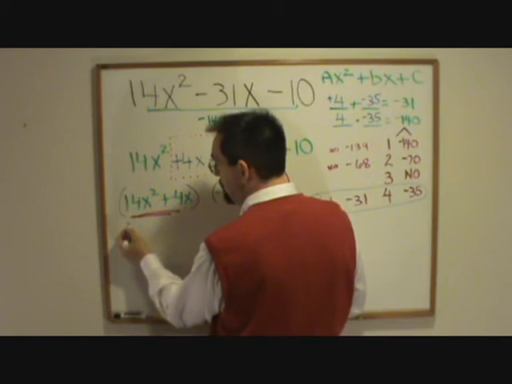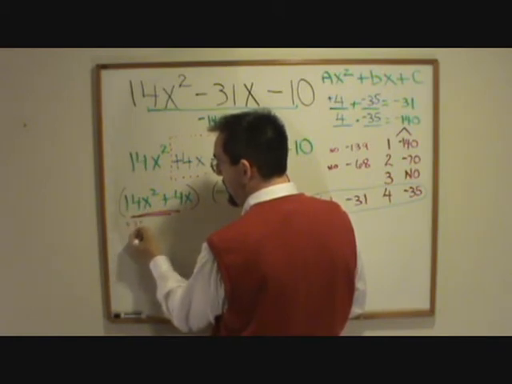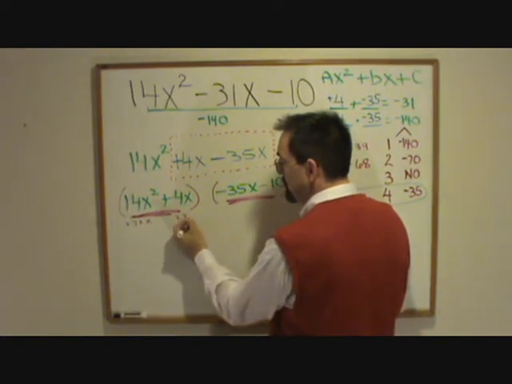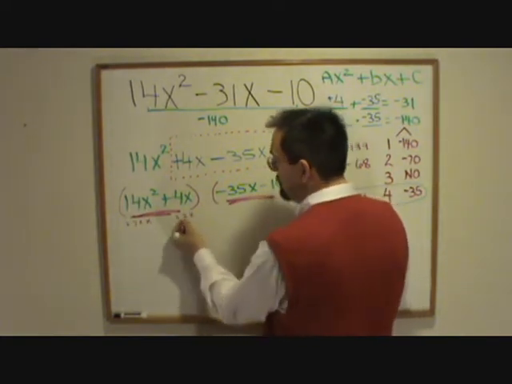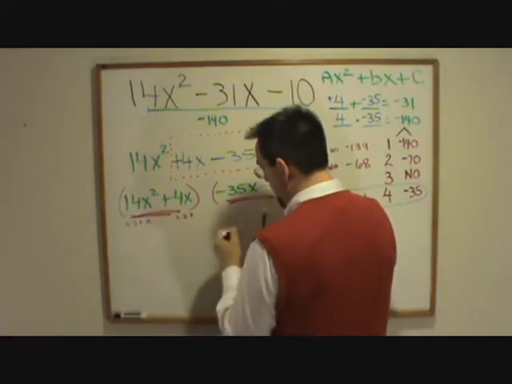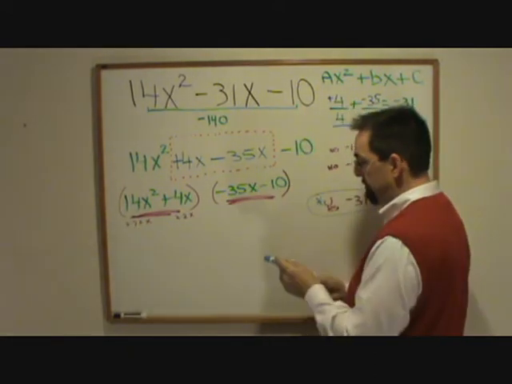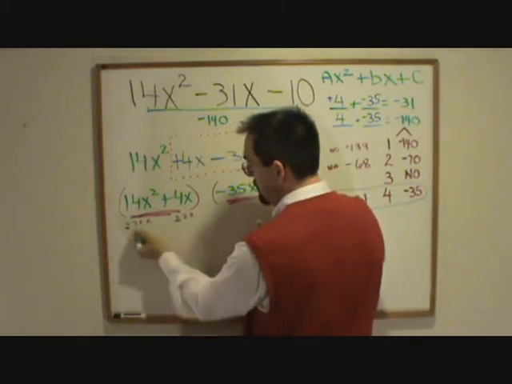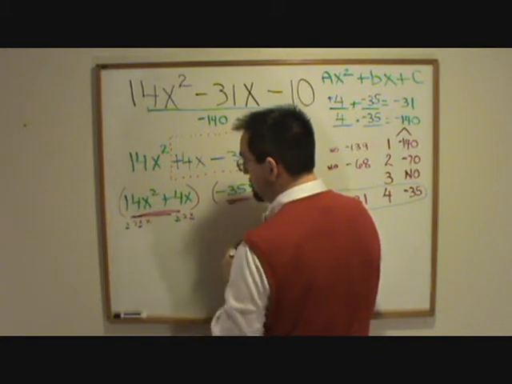Let's see here. I got a 2 and a 7, an x and an x. And here I have a 2 and a 2 and an x. Yep, 2 times 2 is 4 with an x. 2 times 7 is 14, x and x. What's common to both? Well, I know I got a 2 and an x in both.